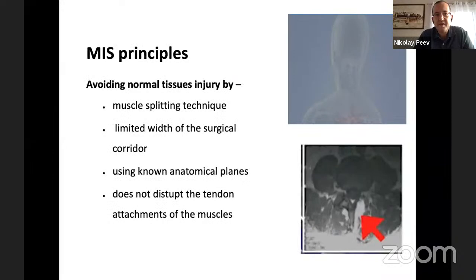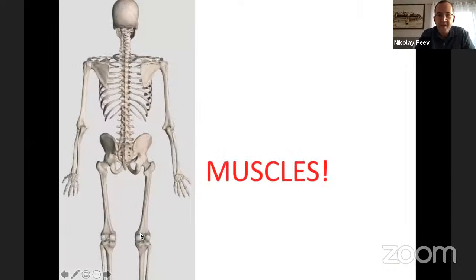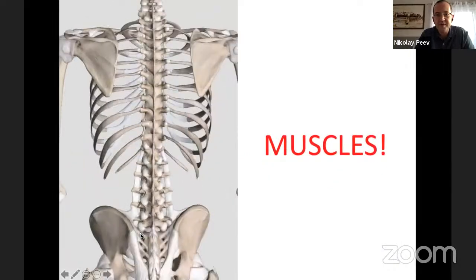Minimal invasive surgery principles are to use normal anatomical corridors, which you don't need to cut in order to create. You split muscles instead of cutting muscles. You don't disrupt the muscular tendons and attachments of the muscles. Muscles are very important.